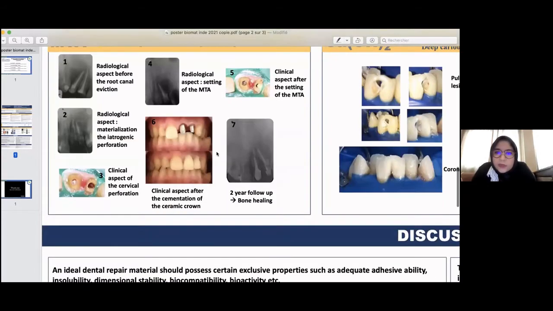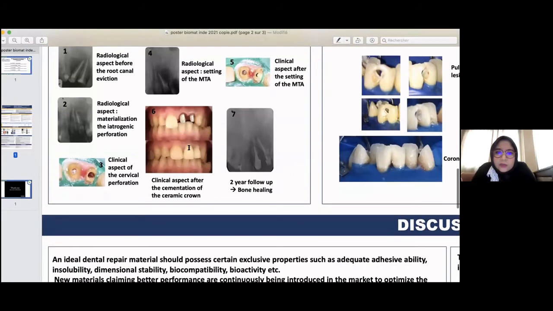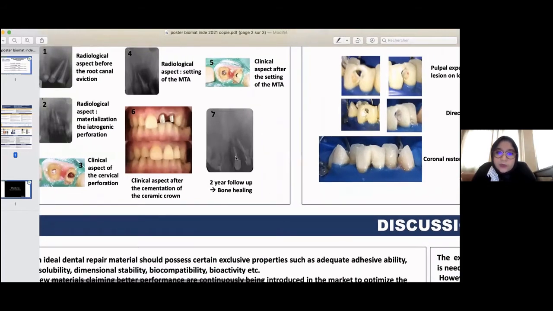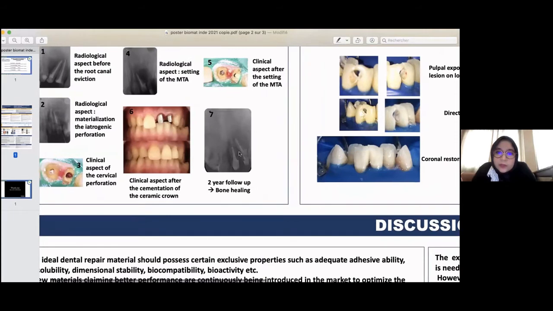And then we proceeded to the ceramic crown to perform a good seal in the coronal area. And here is the 2-year follow-up showing a perfect bone healing of the lesion.